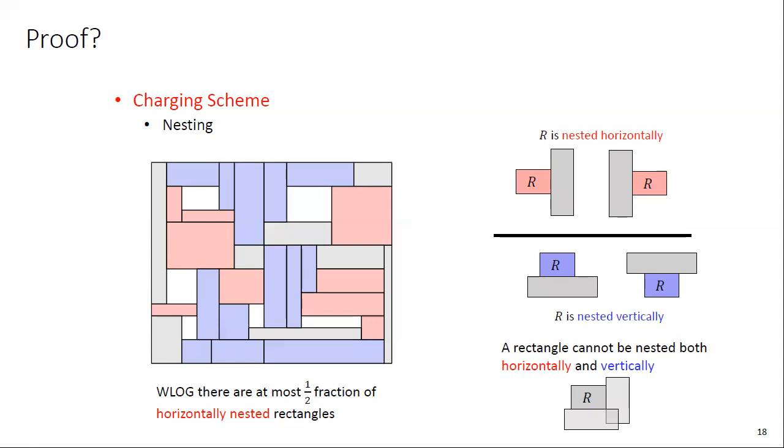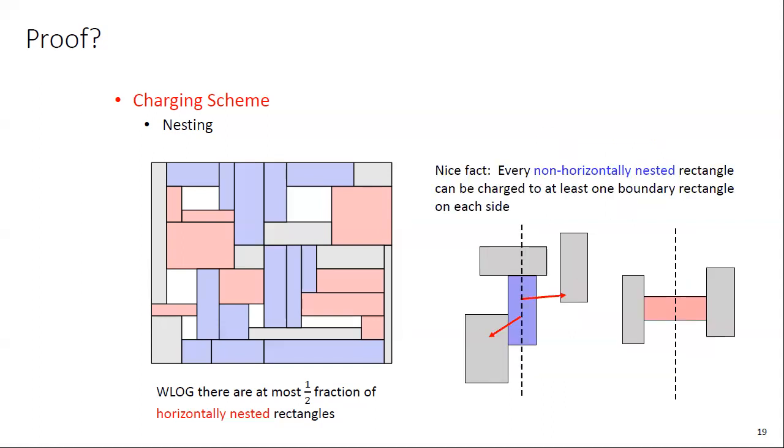So there are rectangles that we cannot pay for, but it's okay because they represent only half of the total of opt. We can lose all of them. What is important is that we can pay for at least a constant fraction of the set.